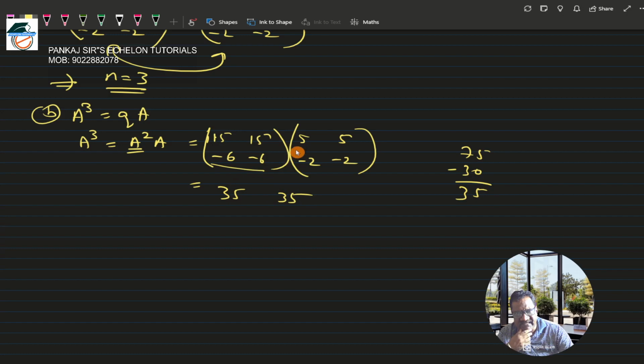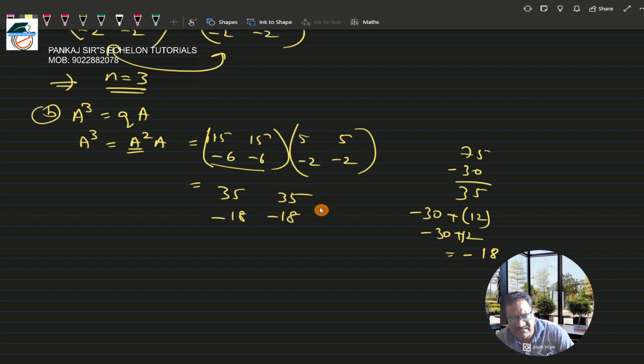Now this second row and the first column: minus 6 into 5 will be minus 30, plus minus 6 into minus 2 will be 12. Minus 30 plus 12 is equal to minus 18.